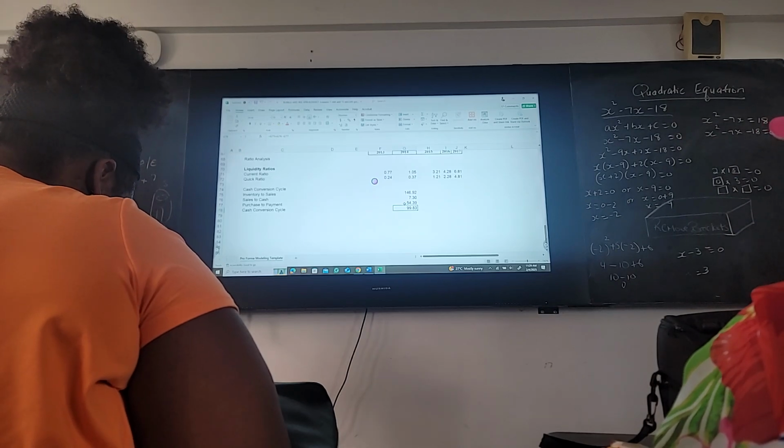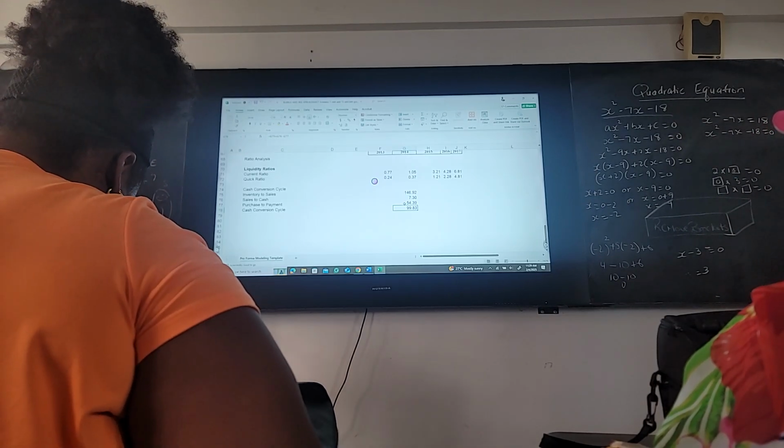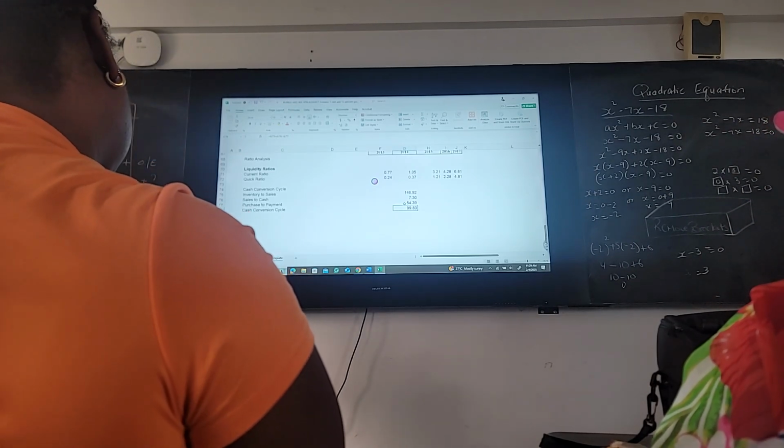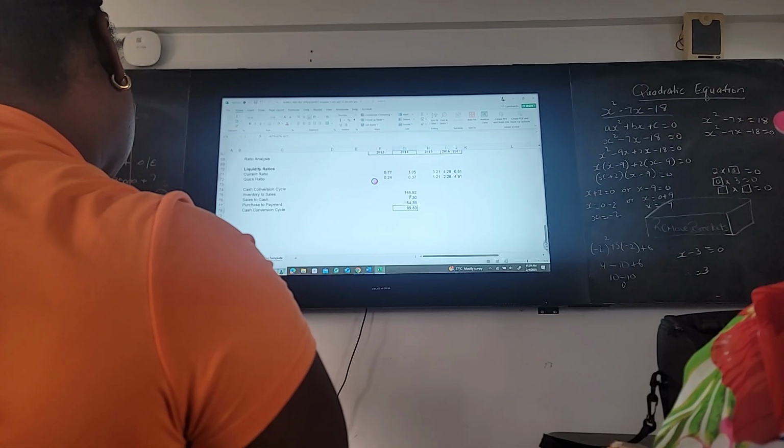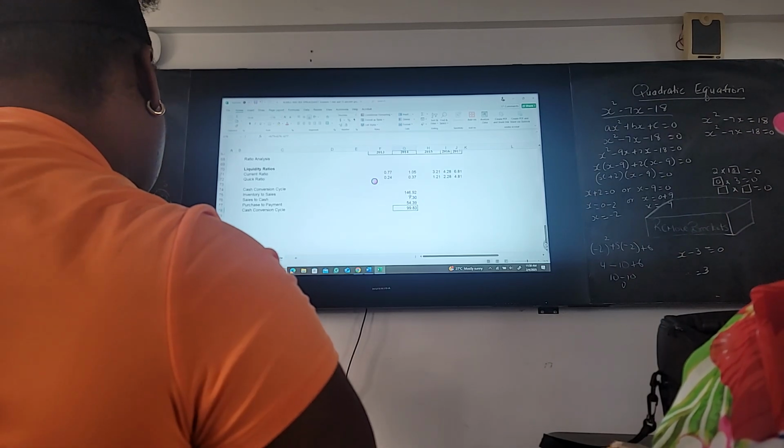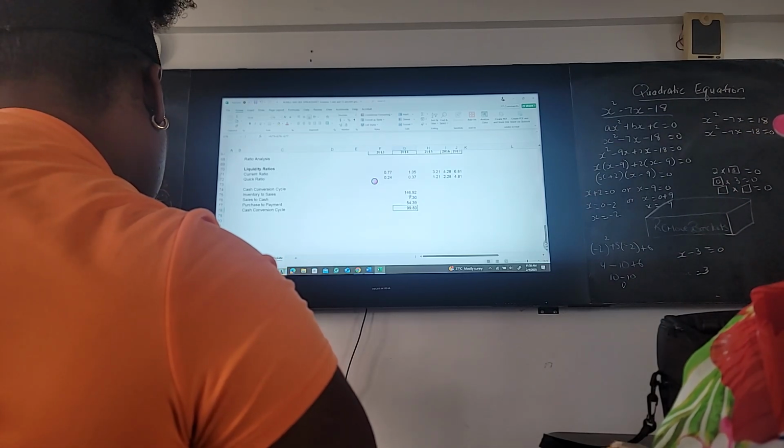Because the way your business operates, when you stock your shelves, it takes a little while to sell. So you've put out that money to acquire that inventory. Now you got some of it on credit, which is why we subtract that. But then you give some.